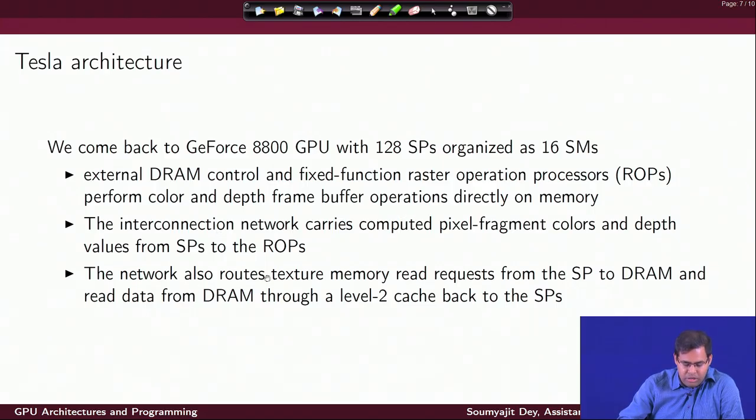The network also routes texture memory read requests from the scalar processors to the DRAM, and they read data from the DRAM through a level 2 cache back to the SPs.